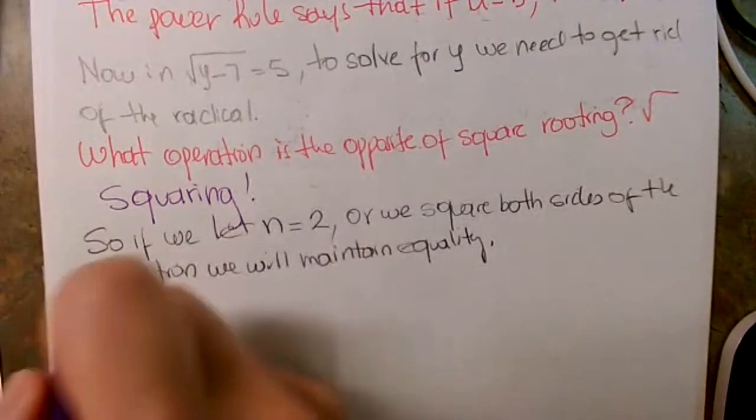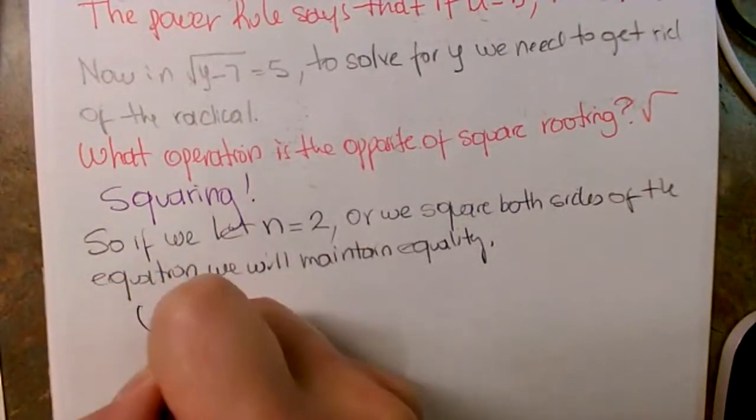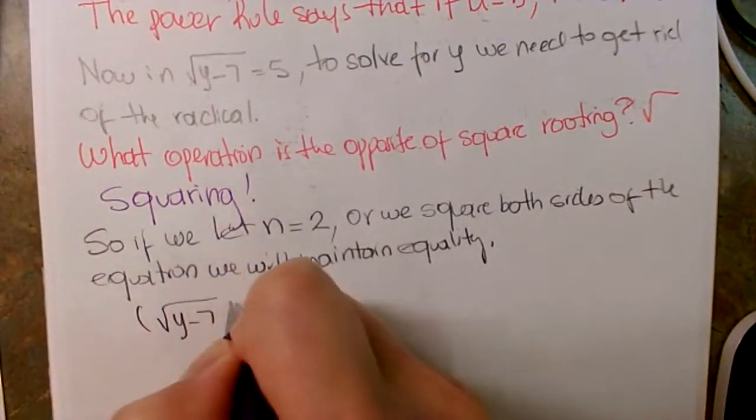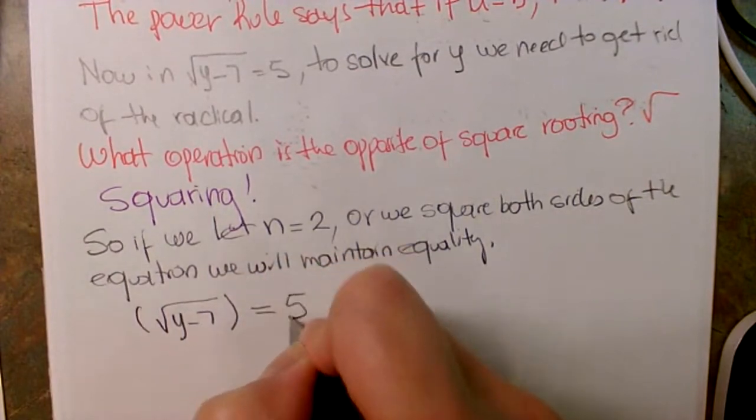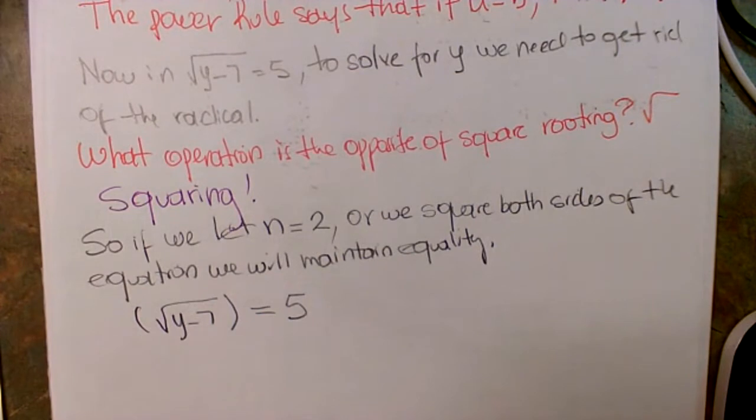So let's do that. Let's take this square root of y minus 7, and we're going to square both sides.